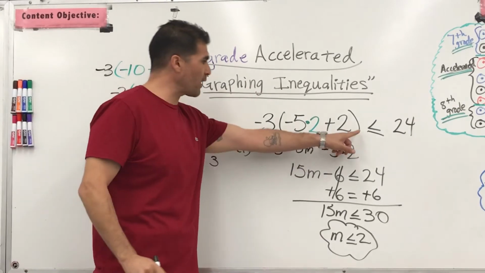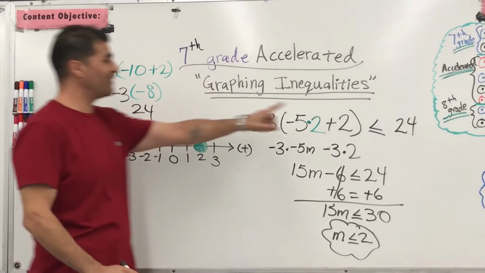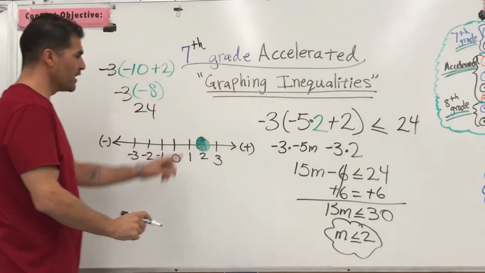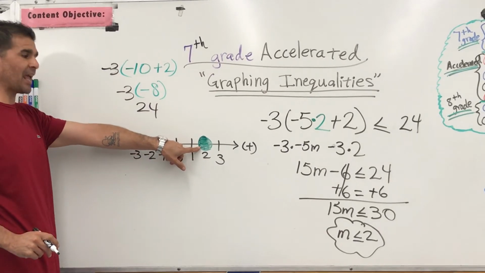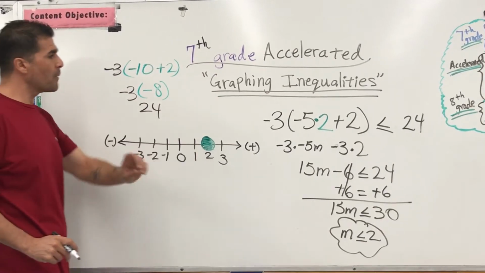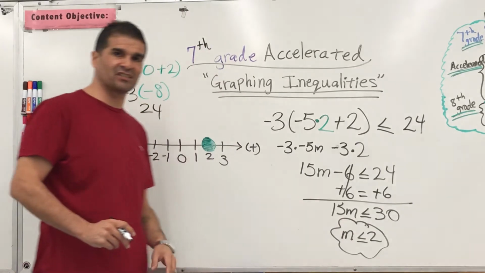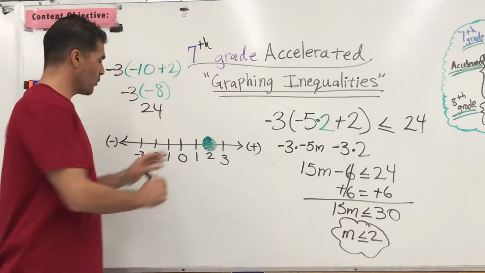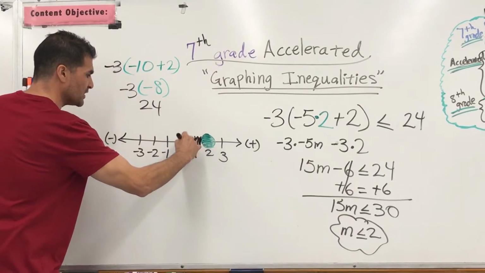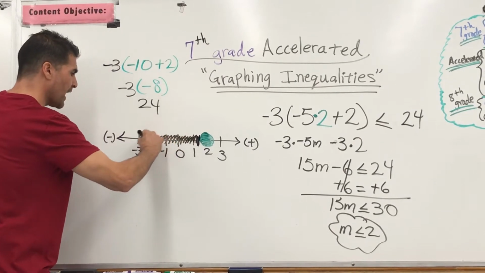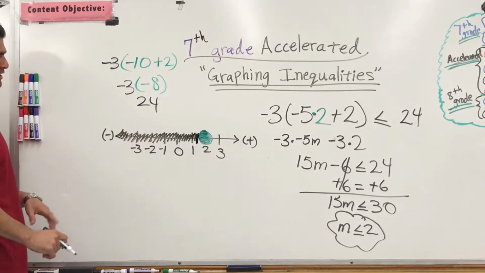And 24 right here is what we get. And this is at least equal to 24. So we want everyone to know that m could at least be equal to 2. But it also could be anything less than 2. So it could be 1 or 0 or -1. And we're going to shade in all of these numbers here.